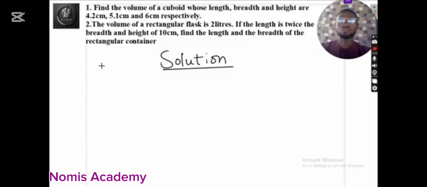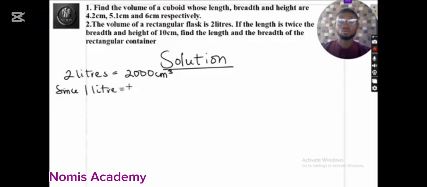So if we have 2 liters, that would be equal to 2000 centimeter cube.